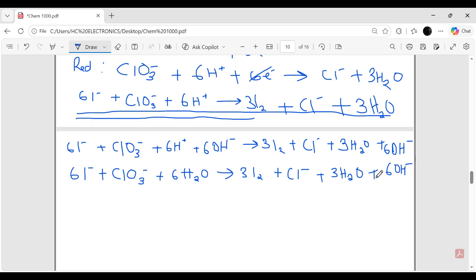After having this, you're going to discover now that here you have 3 water and you have 6 water. So these waters can subtract, because this one is on the right side and this one is on the left side. When you subtract, you're going to remain with 3 water on the left.